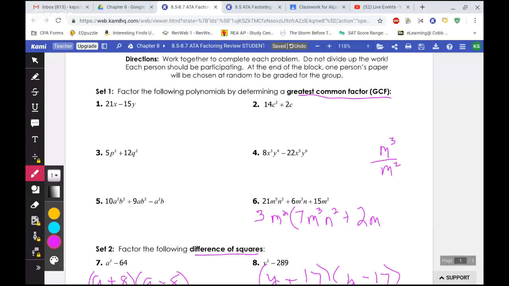And then n. And then plus 15 divided by 3. 5. Good job. And m squared divided by m squared is 1. So that doesn't change the 5, because if I multiply the 5 by a 1, I still get 5.